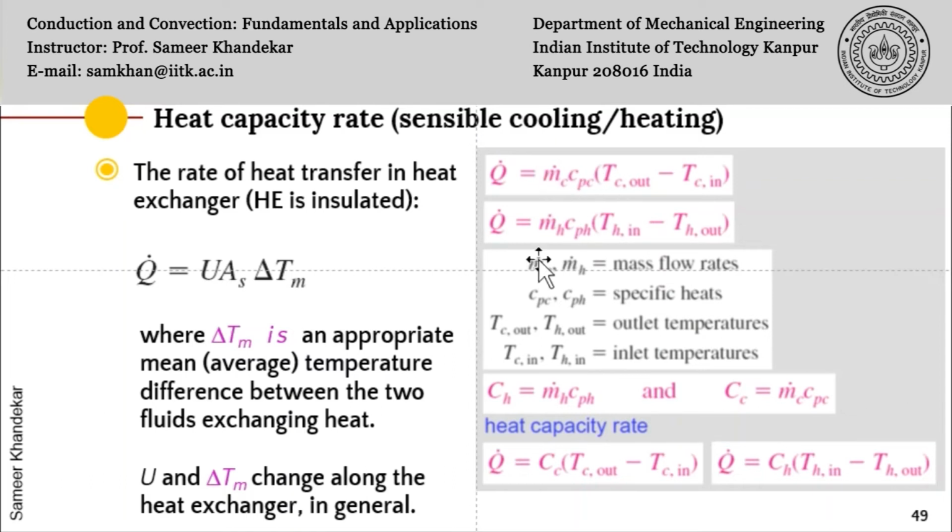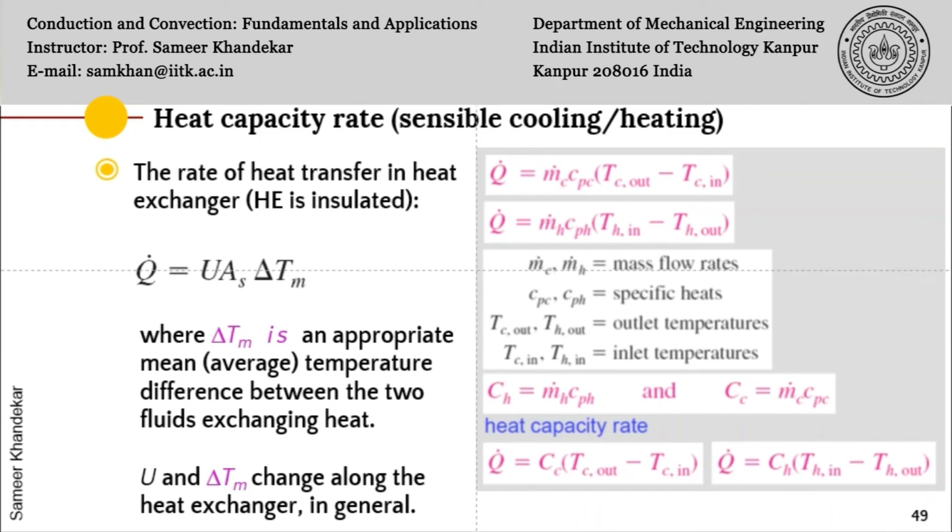We usually club them and term it as capital C. So this small c is the specific heat at constant pressure of the fluid, and this Ch is the thermal inertia, m dot h into Cph, and similarly capital Cc will be equal to m dot c into Cpc. So you can write this equation as Q dot equal to Cc into delta T cold, and that is also equal to Ch into delta Th.